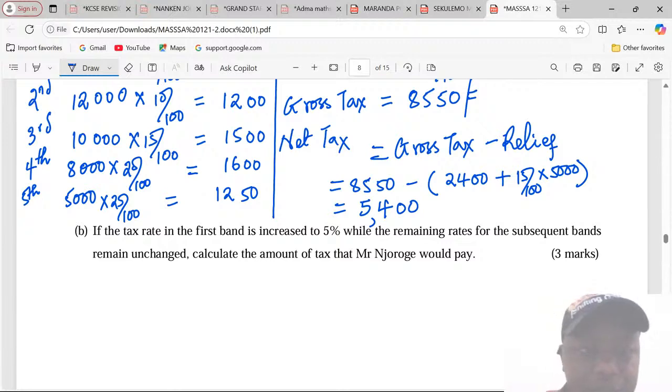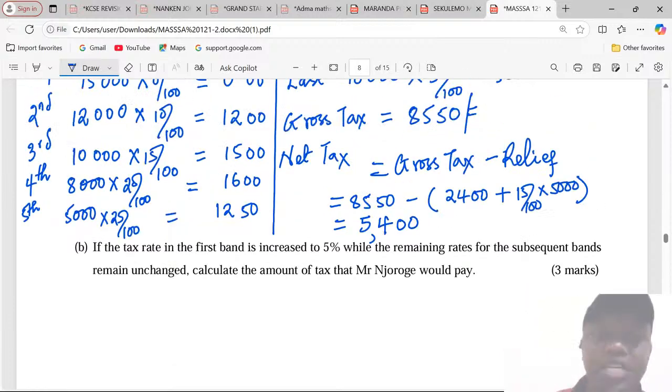All right, in part B, if the tax rate in the first band increased to 5%, while the remaining rates for the subsequent bands remain unchanged, calculate the amount of tax that Mr. Joroge would pay.